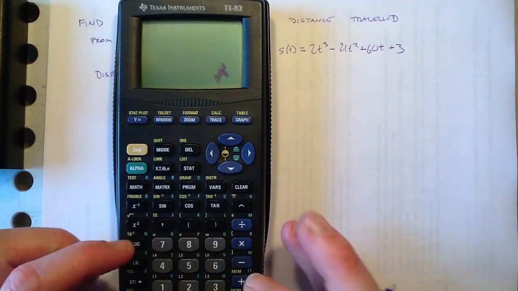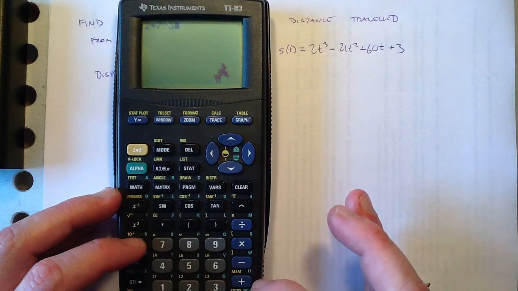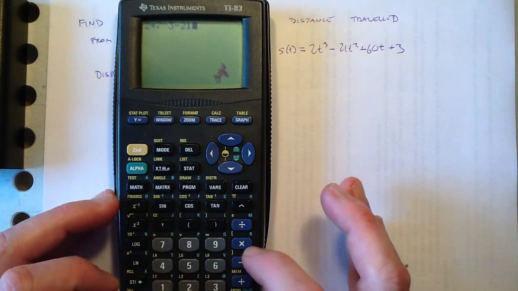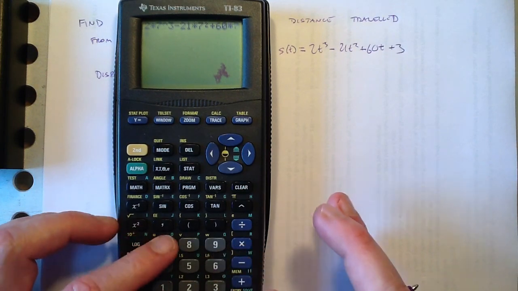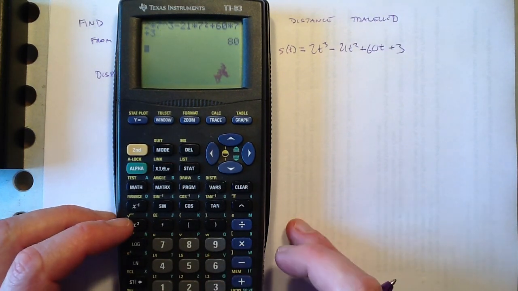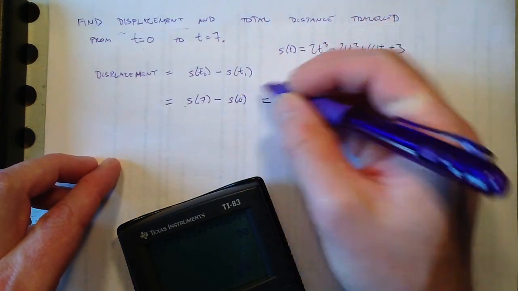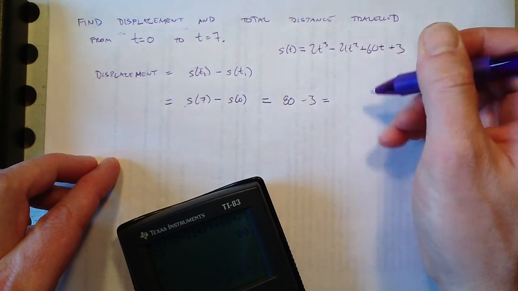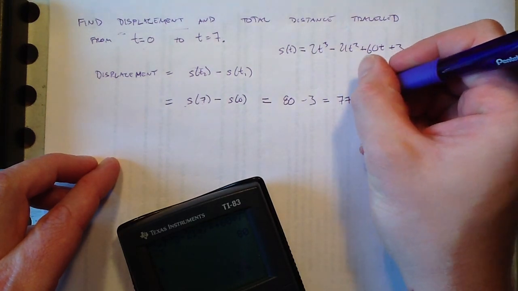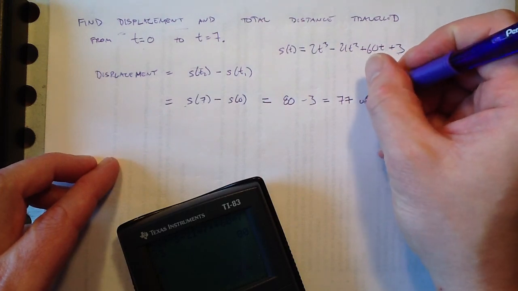So that's going to be 2 times 7 cubed minus 21 times 7 squared plus 60 times 7 plus 3. It's 80. And s of 0 is 3, so that's 77 units, whatever they are, meters, whatever our distance units are.